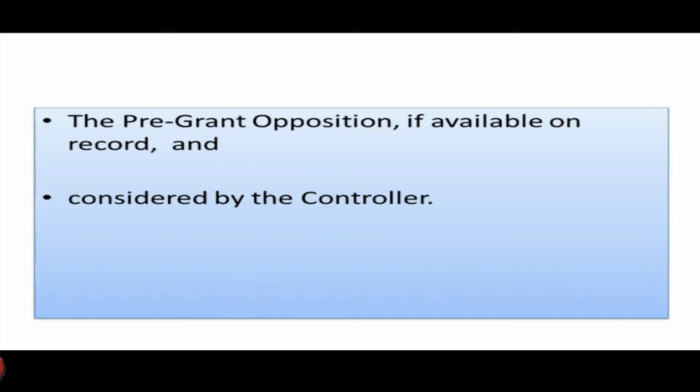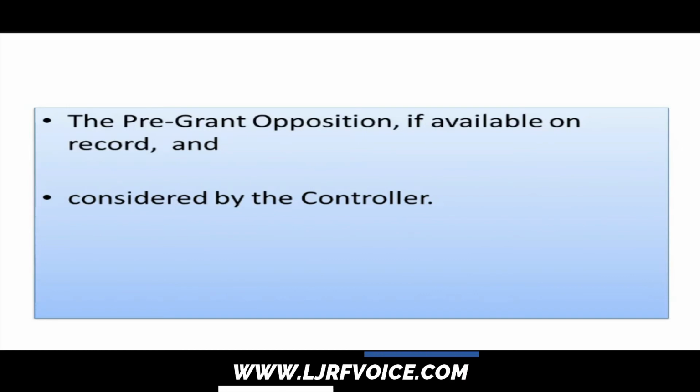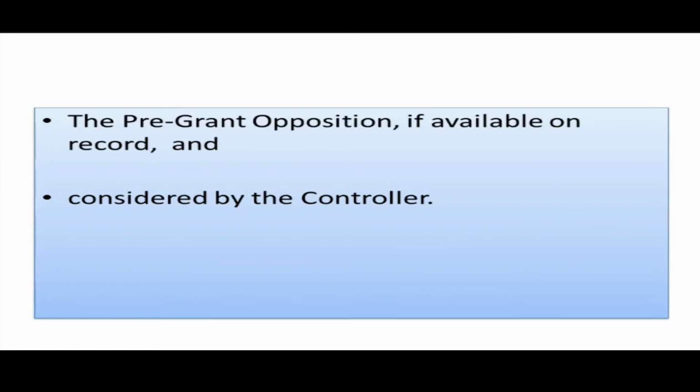But even that document can be considered by the controller while hearing the present patent claim and opposition. And if the present patent is similar to the document already produced in the earlier opposition, then the present patent application can fail and the present opposition can win.